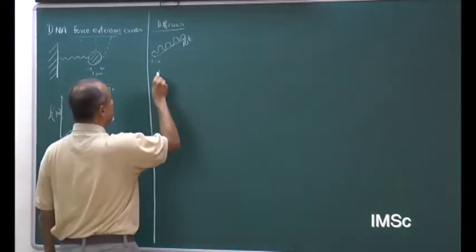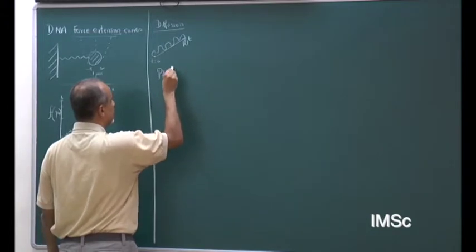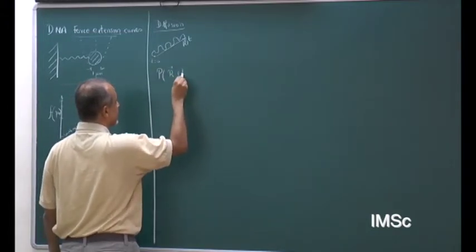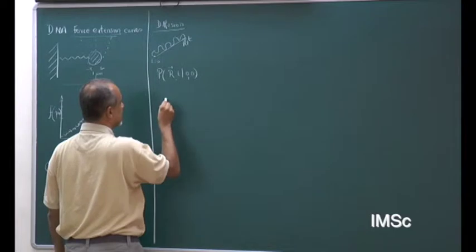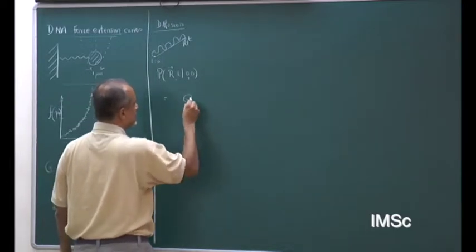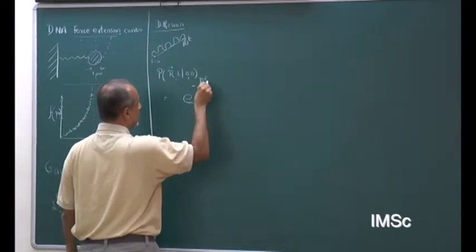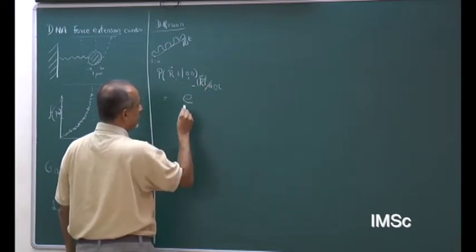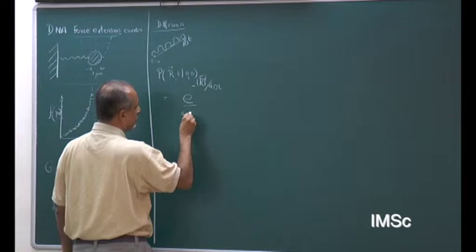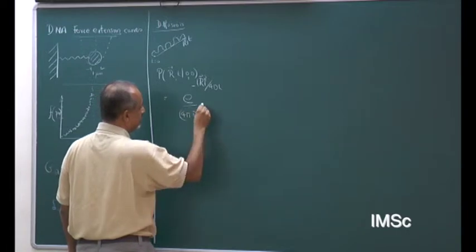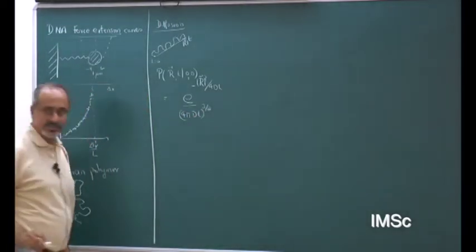We found that the probability distribution of being at some distance r at time t, given that you started at the origin at time 0, was exponential of minus mod r squared divided by 4Dt, and over here I had a factor of (4 pi Dt) to the power 3 by 2 in 3 dimensions.